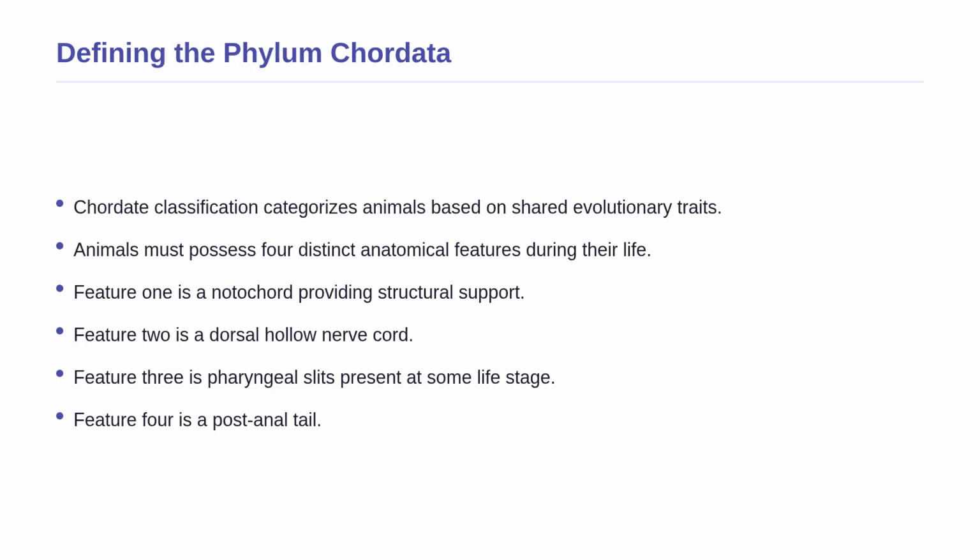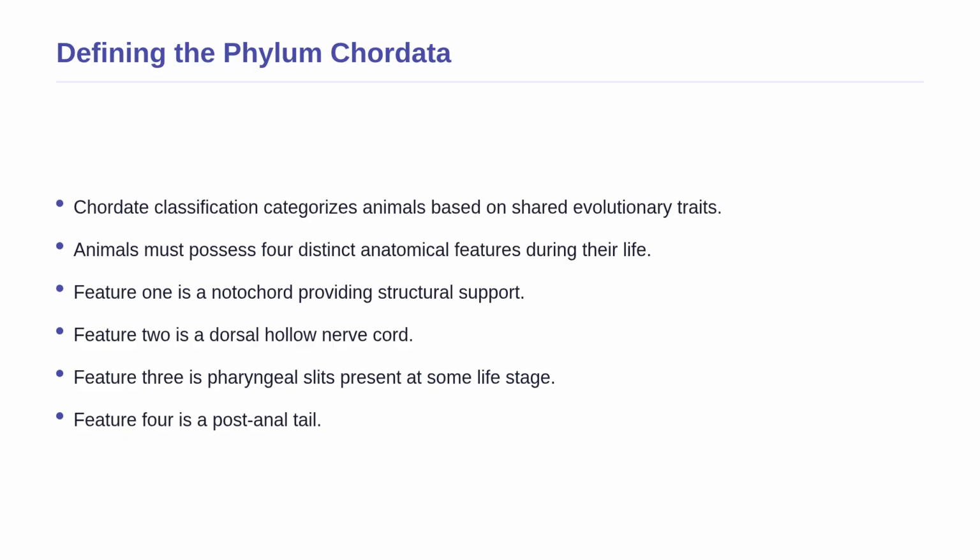Now that we understand why we classify animals, let us look at what makes a chordate a chordate. In biological terms, we are categorizing animals into hierarchical groups based on shared evolutionary traits. To belong to the phylum Chordata, an animal must possess four very specific anatomical features at some point in its life cycle.